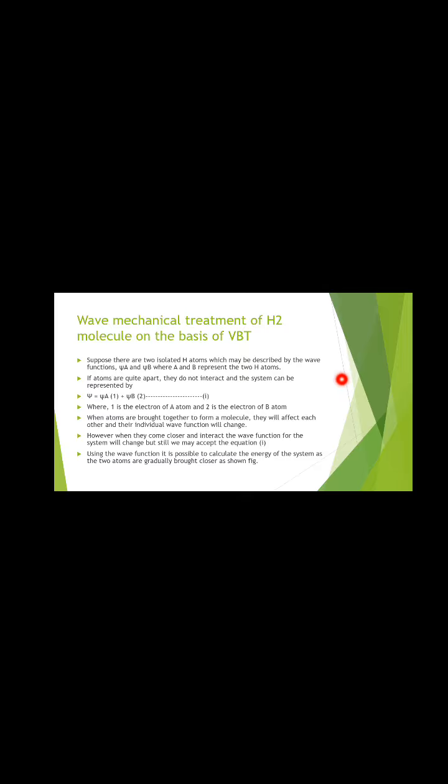So here 1 is the electron of atom A and 2 is the electron of atom B. Suppose A and B both are hydrogen, or may be same or may not be same.